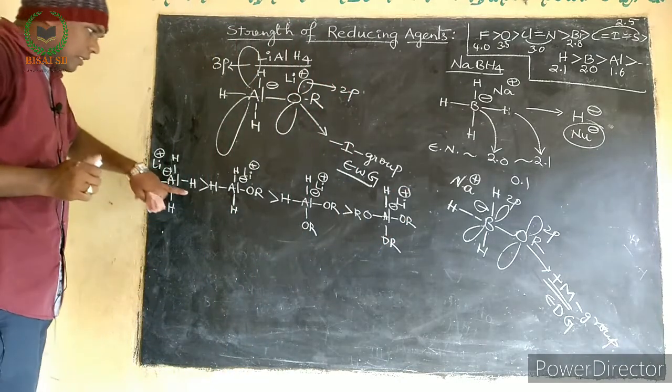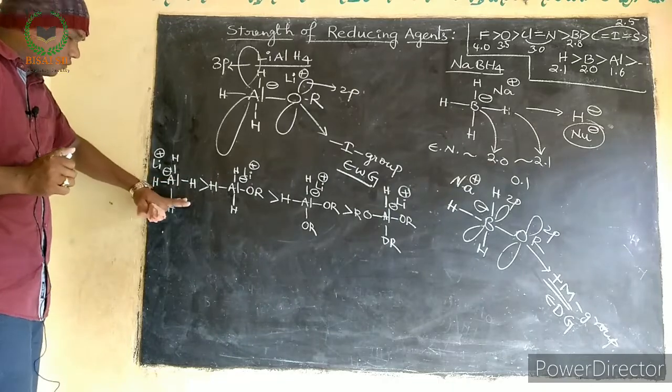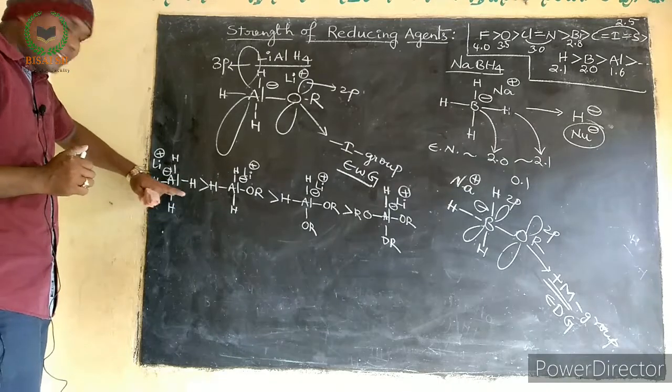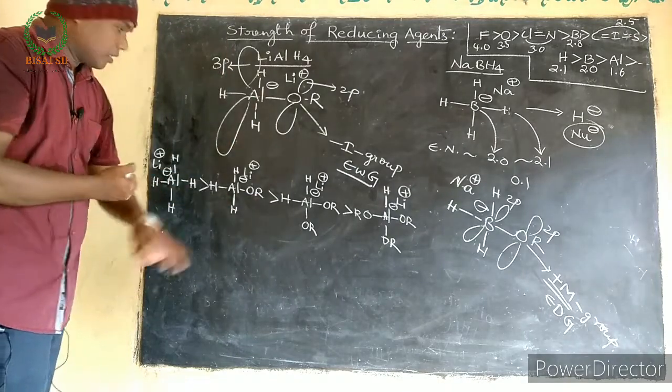So the reducing strength of lithium aluminum hydride is maximum compared to the remaining.